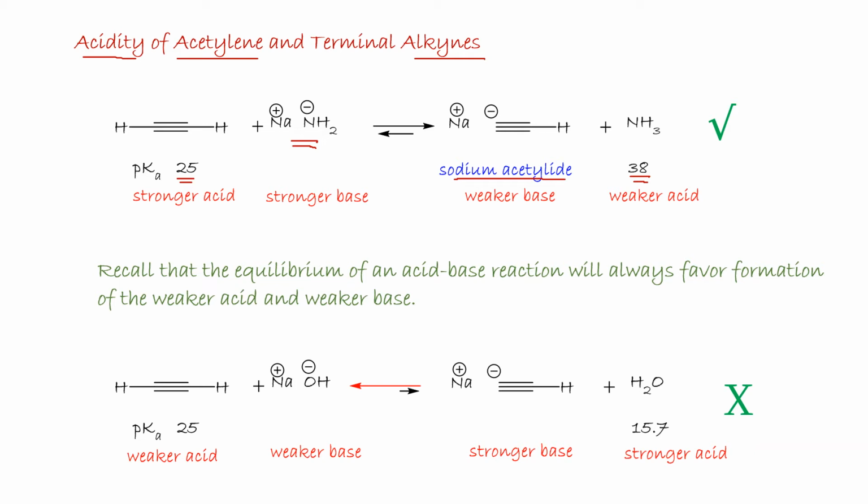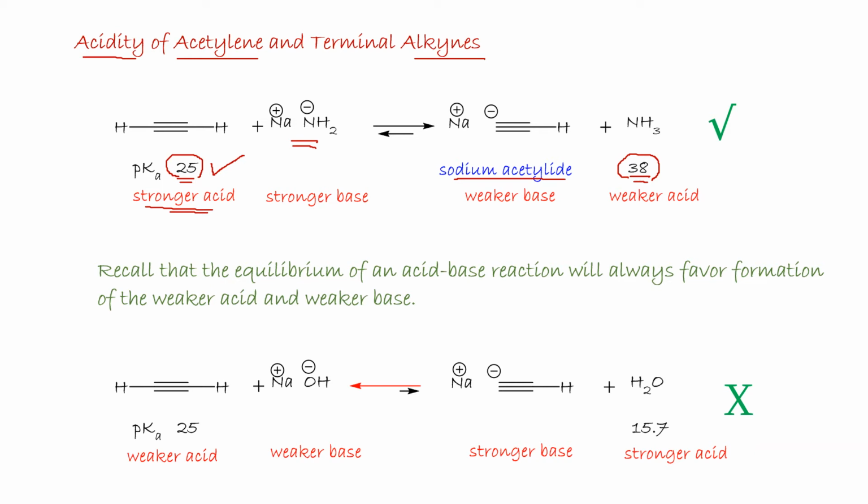Recall, the smaller the pKa value, the more the acidity increases. Well, pKa here is 25 and for ammonia is 38. Which one is a stronger acid? Of course, acetylene will be the stronger acid since it has a smaller value of pKa.